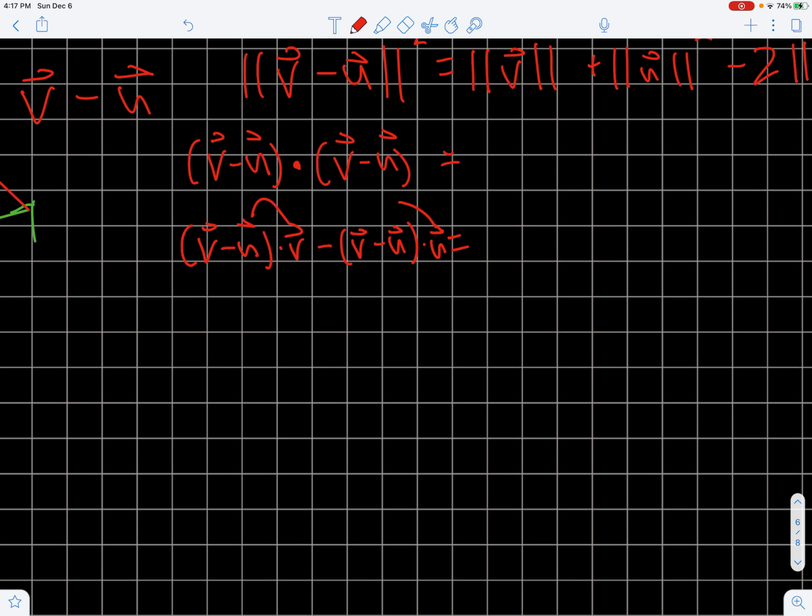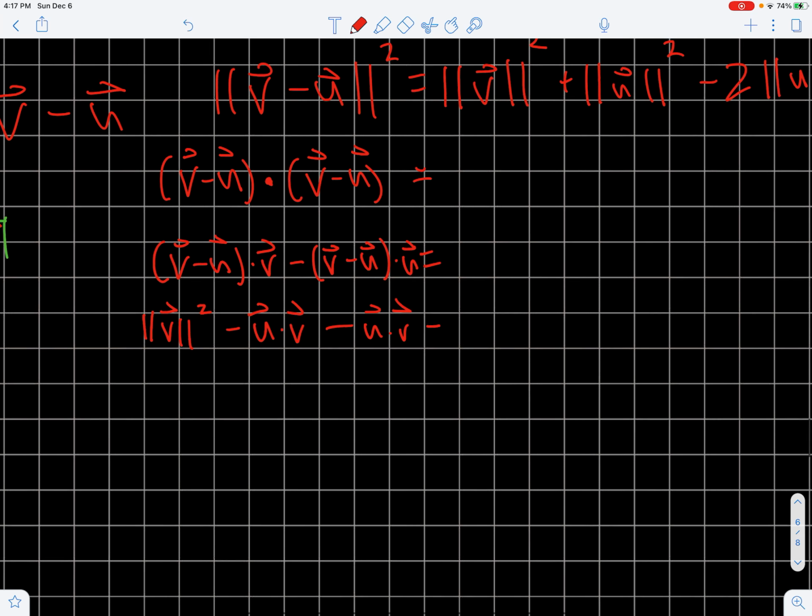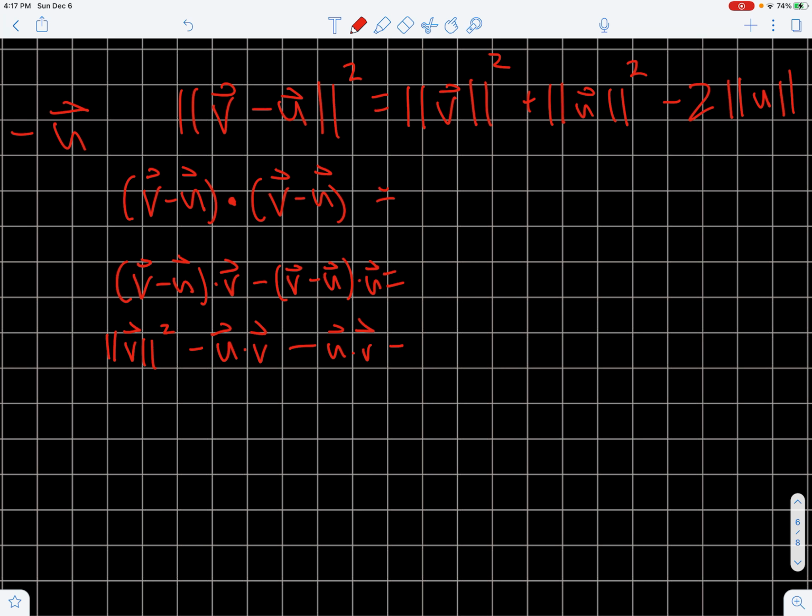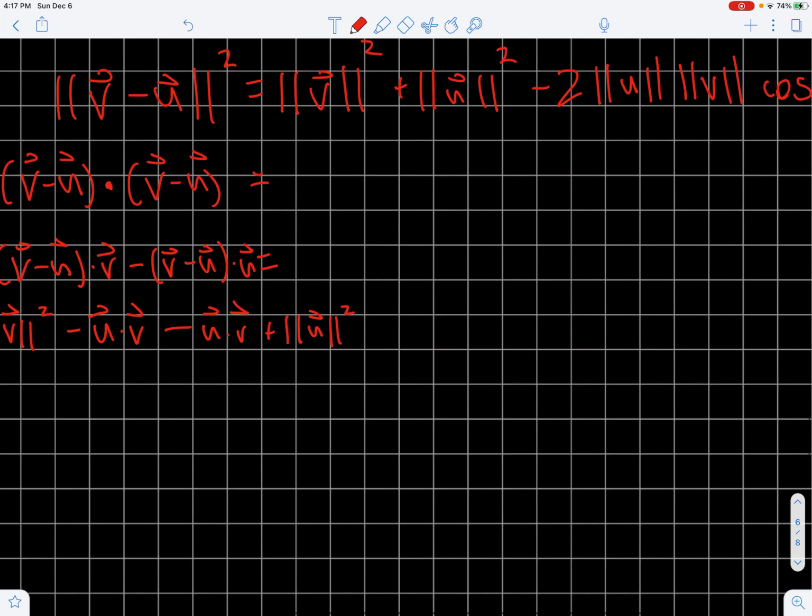And so if we actually go ahead and distribute these, multiply those out, we get the norm of v squared, that's just v dot v, minus u dot v minus u dot v, plus, because that's negative and that's negative, plus the norm of u squared.